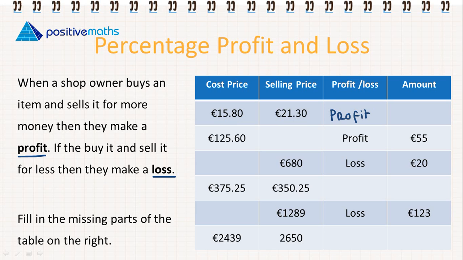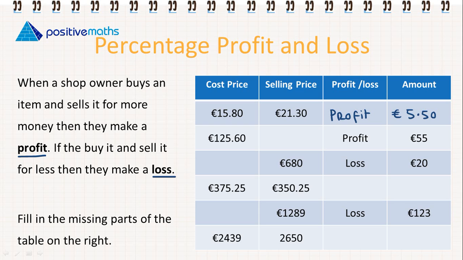Now we just have to calculate the amount. If we find the difference between $21.30 and $15.80 by subtracting them, we get $5.50. So for every item sold, there's a profit of $5.50.